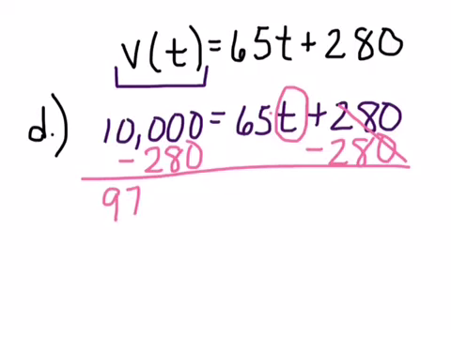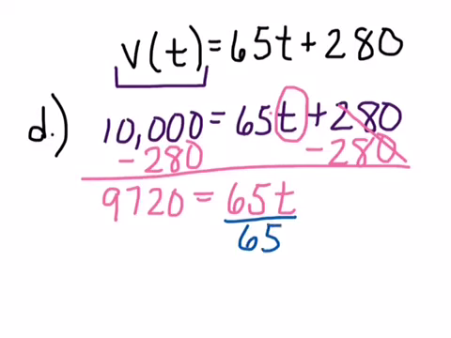We get 9,720 equals 65T. And again, that's 65 times T, so we want to divide to undo that. And when you do 9,720 divided by 65, you get about 150.